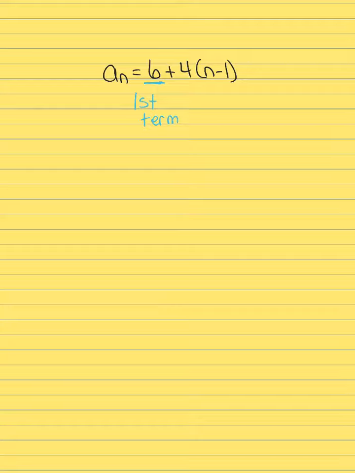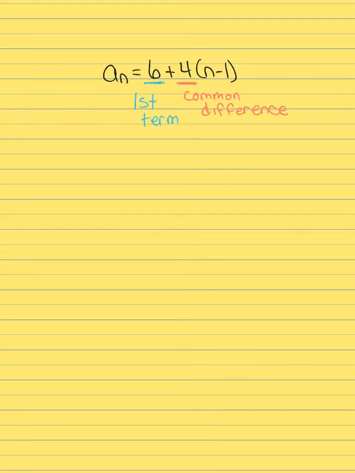And this number over here, the 4, and notice it's a positive 4, is my common difference. It's what I'm adding or subtracting every time. Okay, the n represents the number of the term you're looking for, but that's not important to us right now.